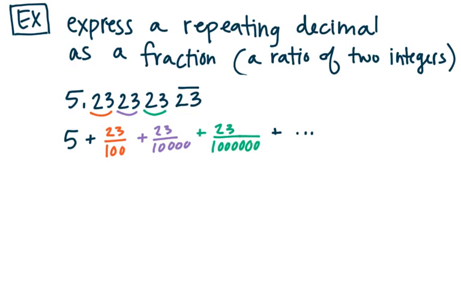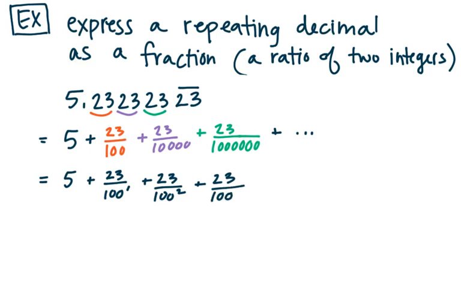So if we think about writing it, that is 5 plus 23 over 100 to the first, plus 23 over 100 squared, plus 23 over 100 cubed.